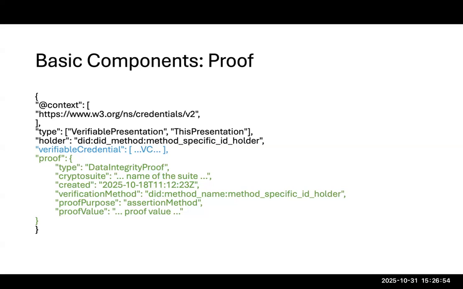So there is one value that is for sure different from a proof made for a verifiable credential. Can you spot it? Any idea?